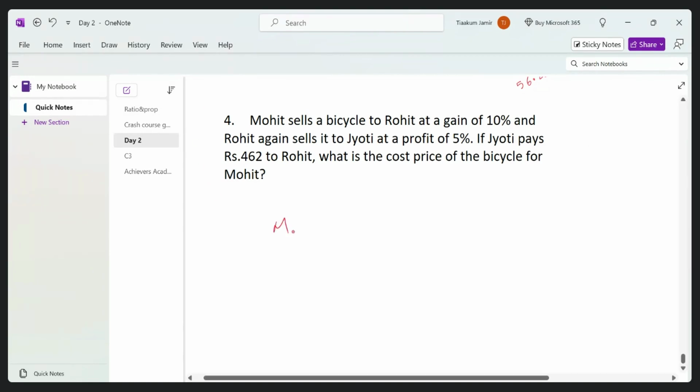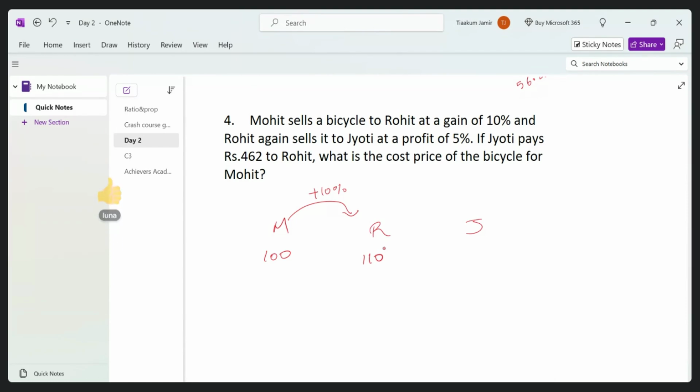So we have Mohit here, Rohit here, and Choiti here. Let's say the cost price for Mohit is 100 rupees. With a 10% profit, it becomes 110, so Rohit buys the bicycle from Mohit for 110 rupees. This 110 becomes the cost price for Rohit.